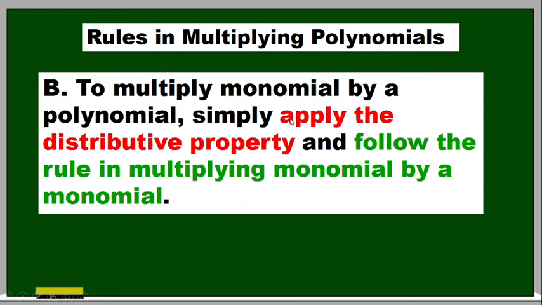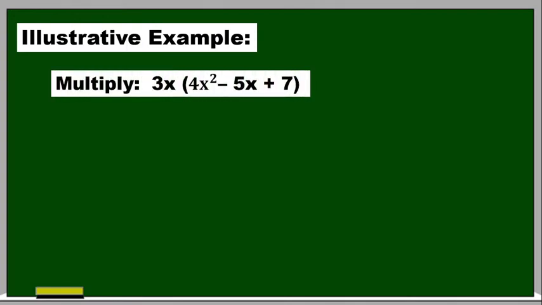The first one is you apply the distributive property and then you follow the rule in multiplying monomial by a monomial, or this is product of a power. For instance, you multiply 3x, 3 is a monomial, multiplied by, this is trinomial, 4x squared minus 5x plus y.